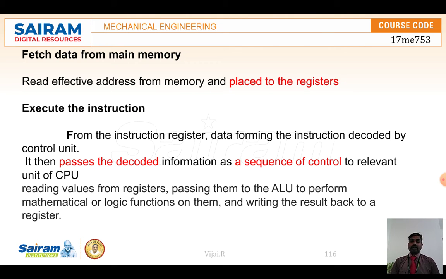After that, what will happen? It fetches data from the main memory and places it in the register. Processing is done; here it reads the effective data from the memory and places it in the registers, and then executes the instruction. Execution happens when it passes the decoded information as a sequence of control signals, since it is already decoded. It is sent to the relevant registers: what to control, how to control.